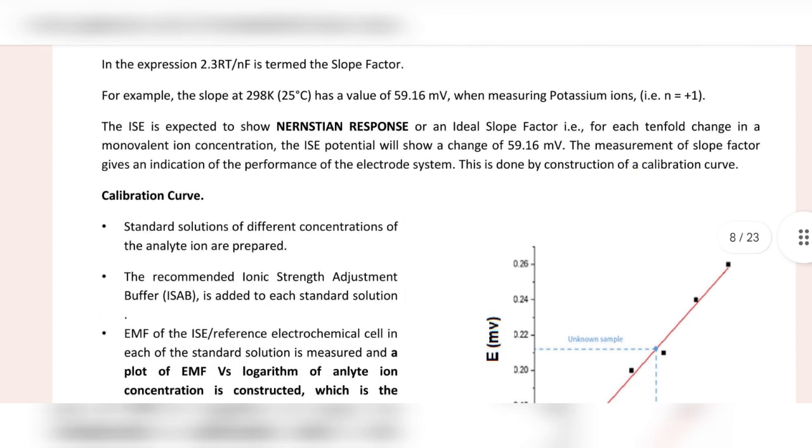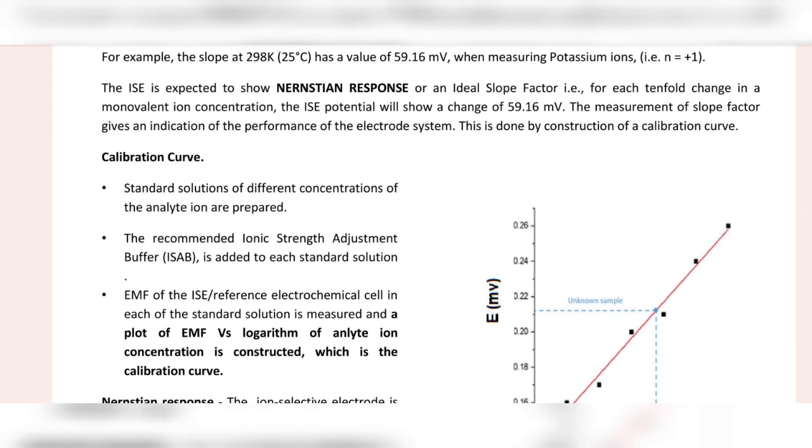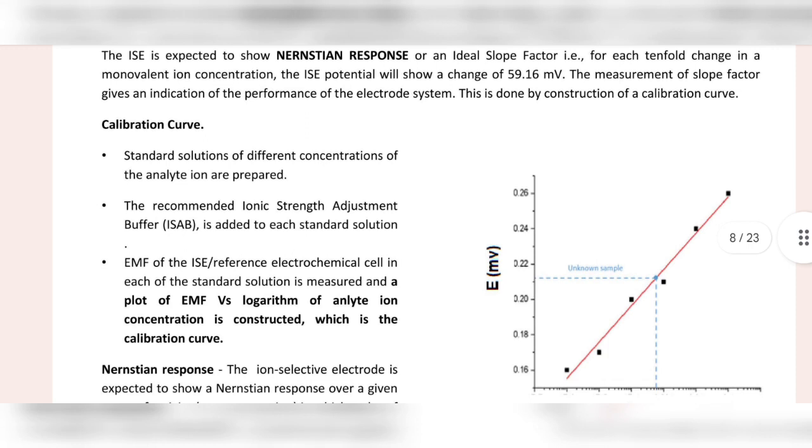Standard solutions of different concentrations of the analyte have to be prepared. In addition, we need to add some ionic strength adjustment buffer to each standard solution in order to make activity and concentration uniform or identical. So first you have to prepare different standard solutions and add ionic strength adjustment buffer to each.